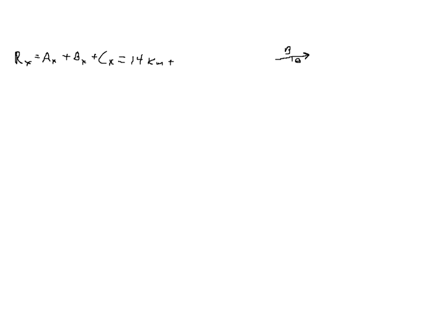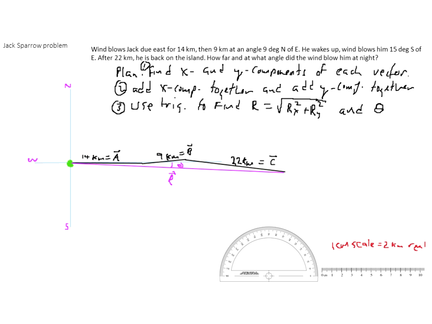So we've got, this is B sub X, this is B sub Y. So this is going to be 9 kilometers times the cosine of, just for some reason, 9 degrees.